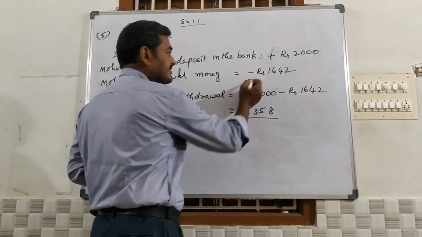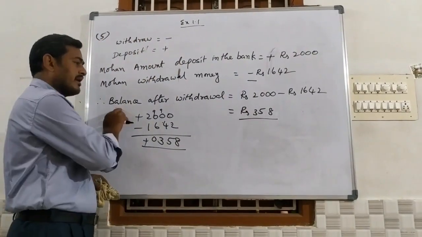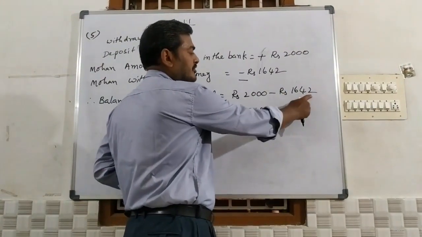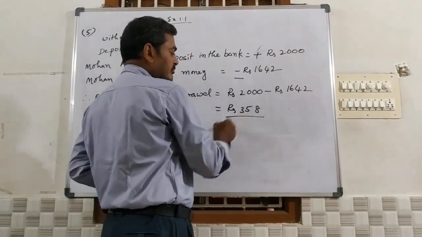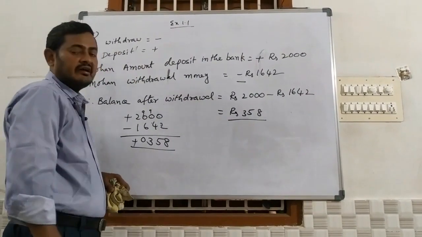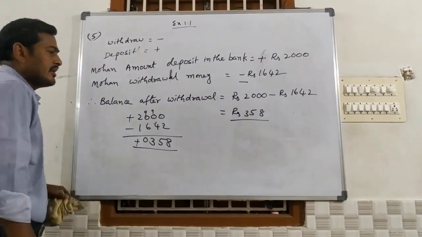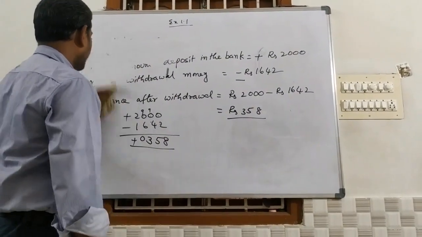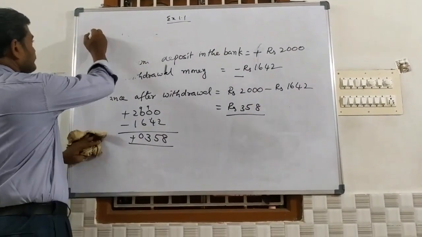It represents minus symbol. Now the balance amount after withdrawal, 2000 rupees deposited, 1642 withdrawn, then the remaining amount after withdrawal is 358 rupees. 358 rupees is the balance amount. Now we can go for the sixth question.